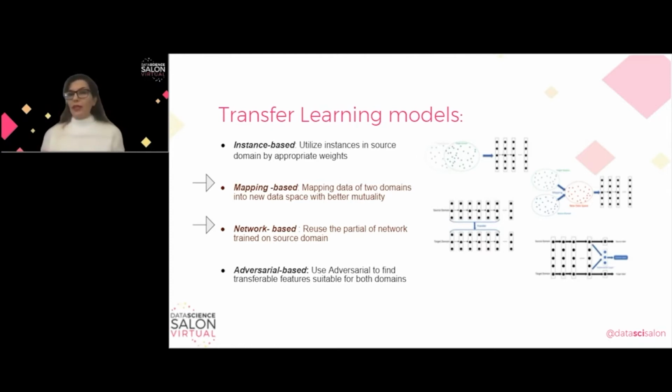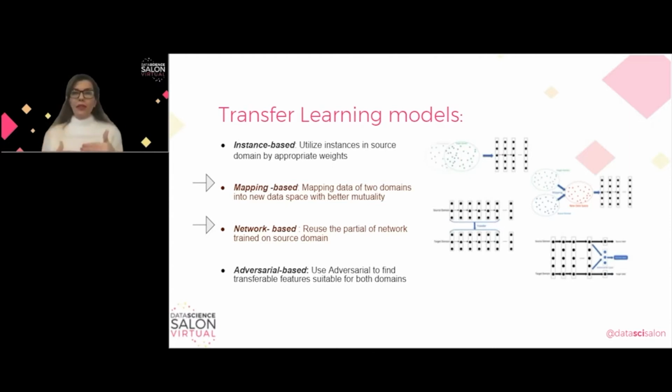One of them is instance-based transfer learning, where I have seen in the healthcare literature review that there are two methods: one is hard transfer, the other is soft transfer. In hard transfer, you transfer the instances, not the features, directly from the source to the target model.